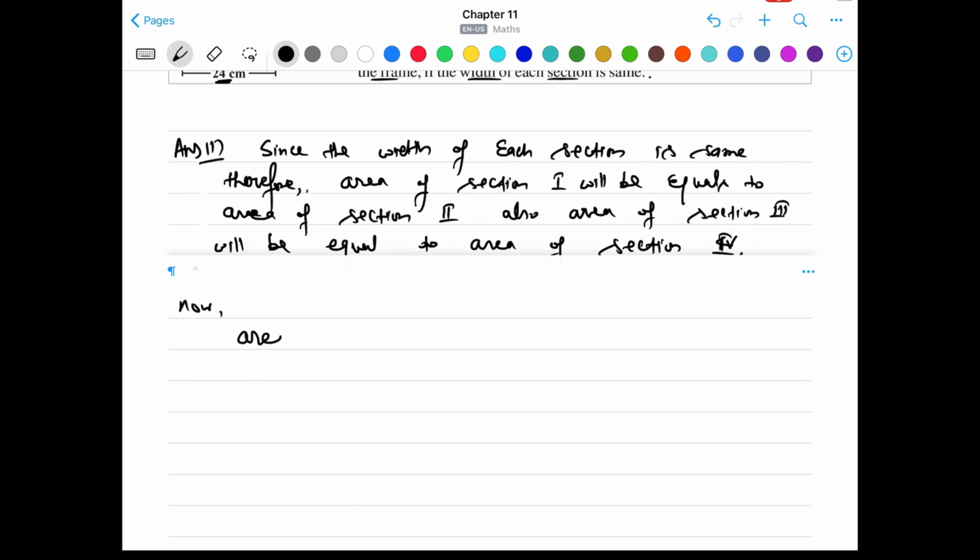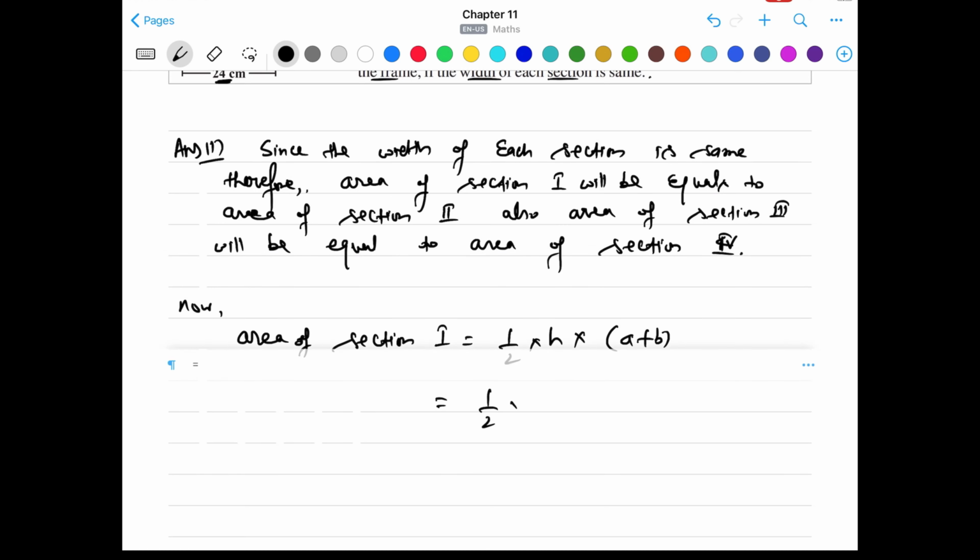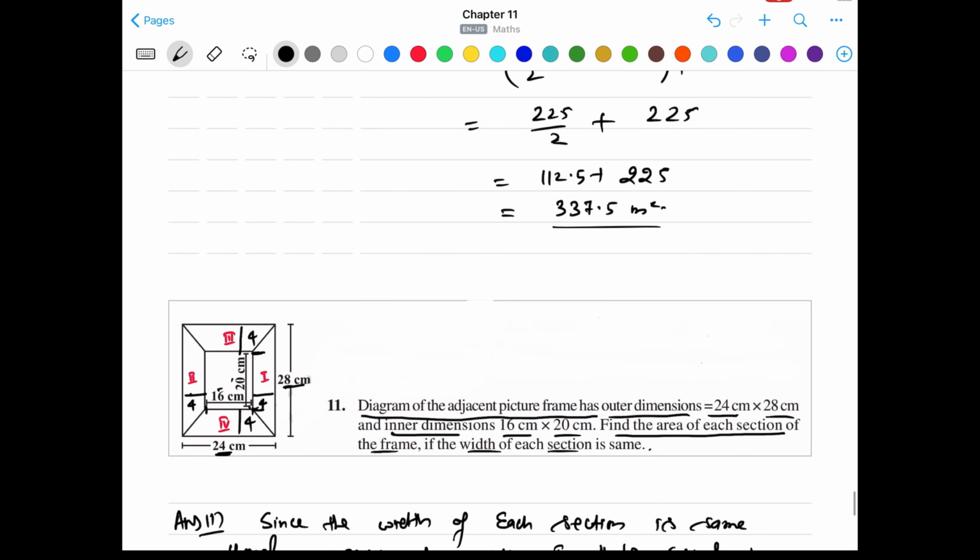Now the area of section 1 is equal to, because it's a trapezium, half into h into the sum of parallel sides, that is a plus b. So half, and the height is the same, which is 4.